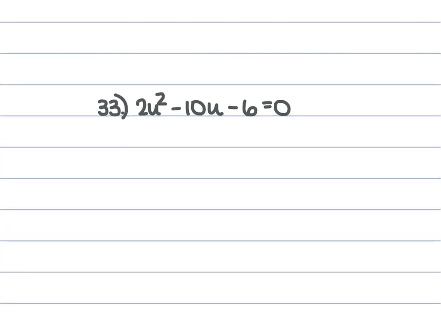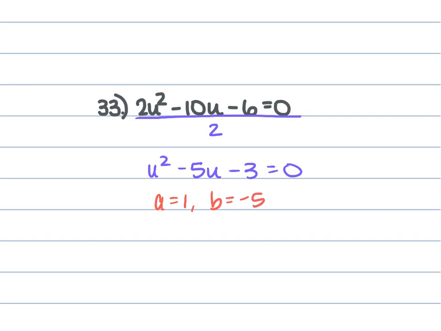For 33, we have 2u squared minus 10u minus 6 is equal to 0. So again, this is what I was saying, where we can divide everything by 2 here, since everything's divisible by 2, to get u squared minus 5u minus 3 is equal to 0. So our A is 1, our B is negative 5, and our C is negative 3.